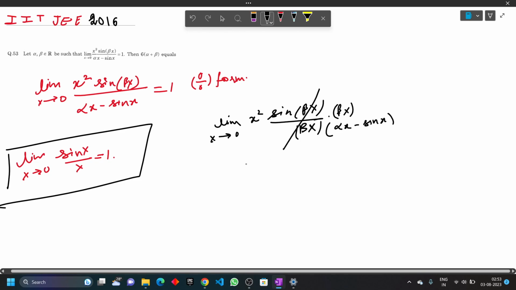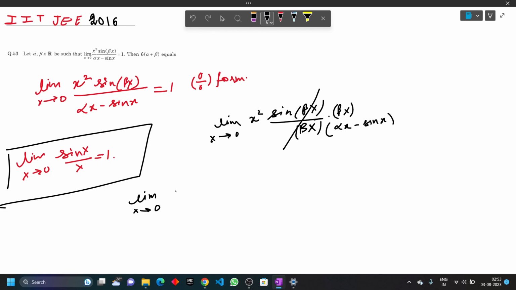Now this will get cancelled because of the sin x by x identity, and limit x tending to 0, x square into beta x, which is basically x cube, beta into x cube upon alpha x minus sin x.